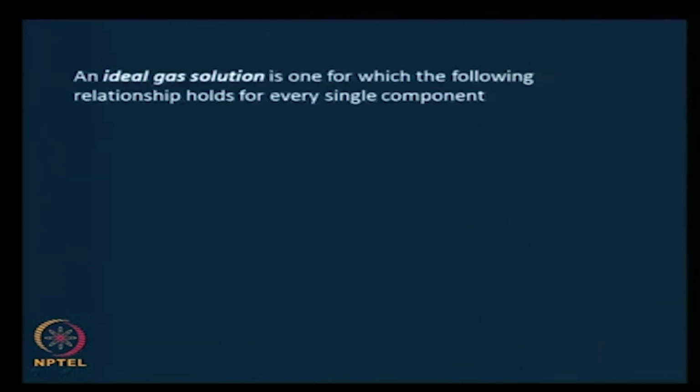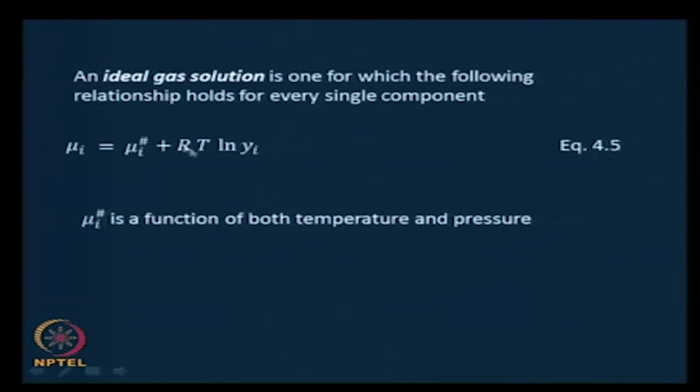Now, an ideal solution is one for which each component's chemical potential can be written as mu I equals mu I hash plus RT ln Yi, where Yi is the mole fraction of I and mu I hash is a function of both temperature and pressure, the standard value.